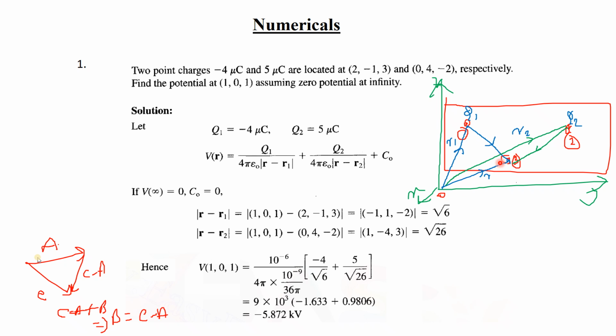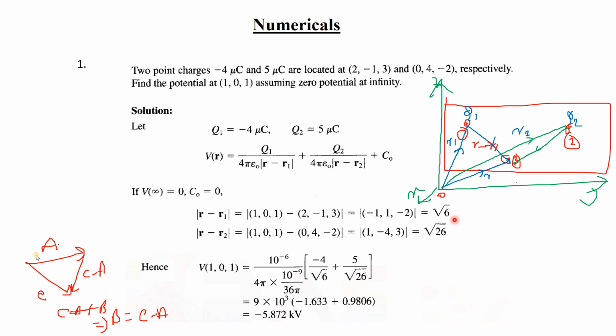Here also R1 plus something is equal to R. So this one is R1 plus R minus R1 will give you R. That means we can write over here, this distance is R minus R1. Can we write? Isn't it?